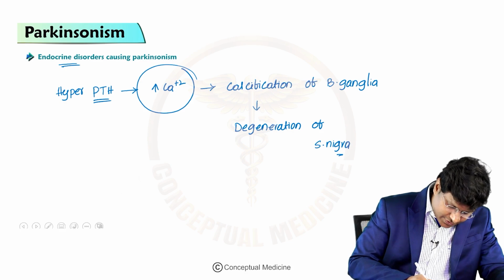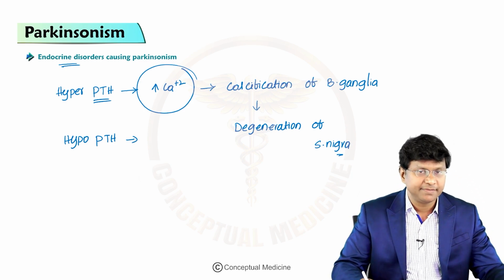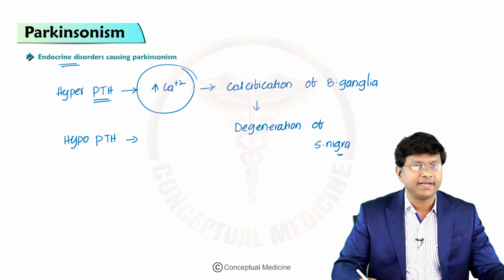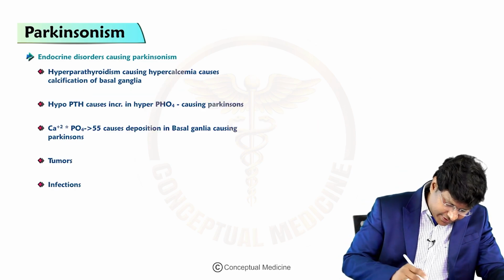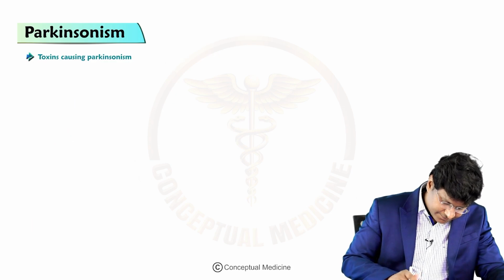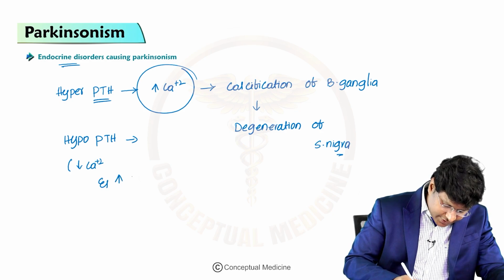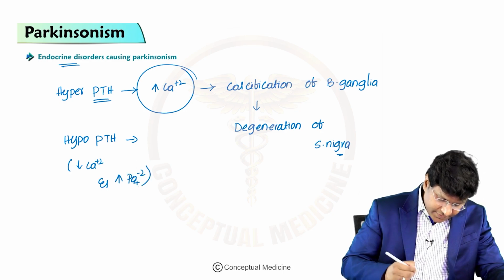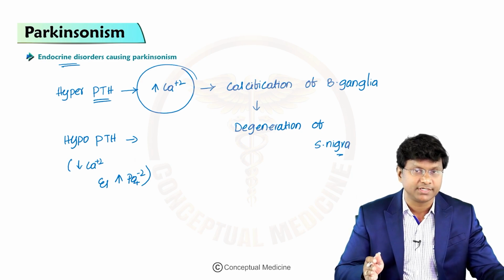Then you take patients with hypoparathyroidism. So in patients with hypoparathyroidism, why is there development of Parkinsonism? See, hypoparathyroidism causes an increase in the phosphate levels. So in hypoparathyroidism, what happens? There will be a decrease in the calcium and an increase in the phosphate, because if parathormone is not there, the phosphate excretion does not occur.